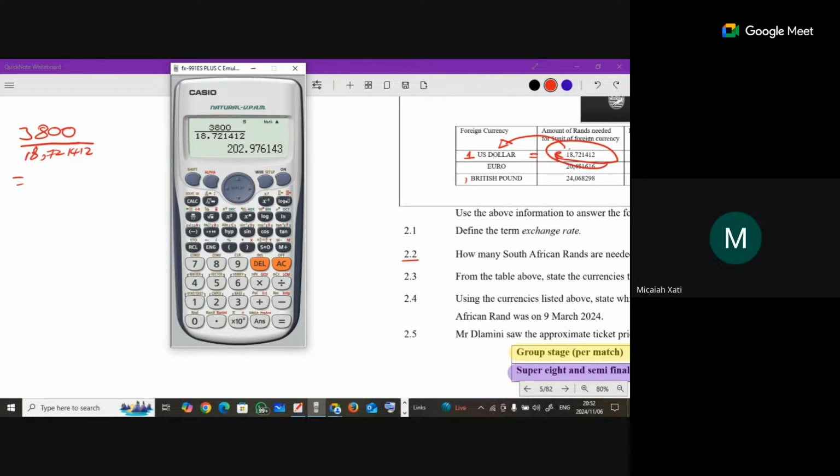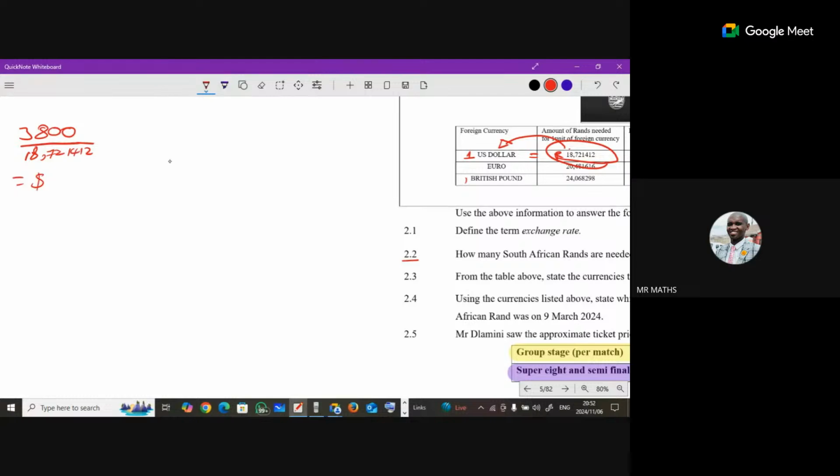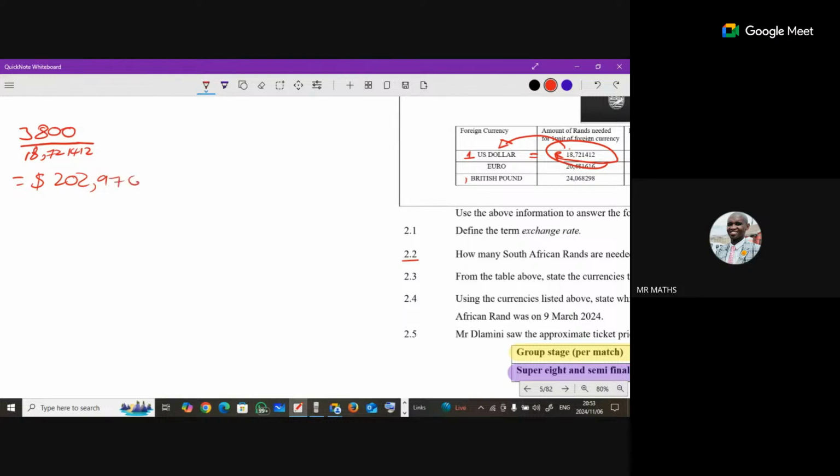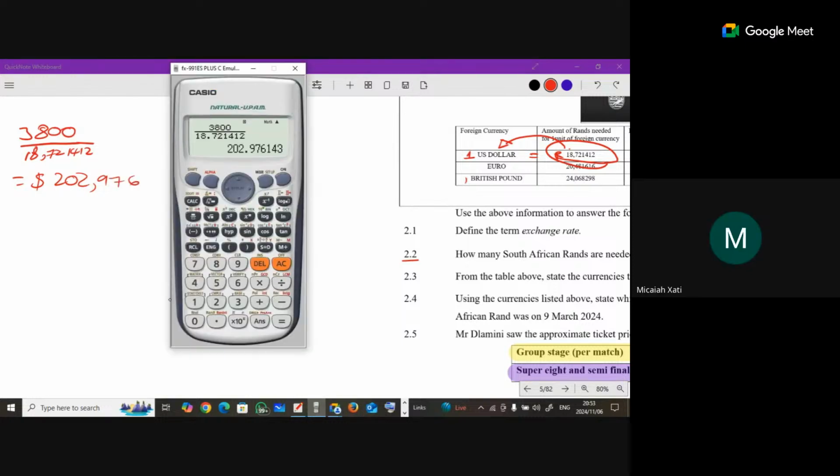So I calculate again. Okay, so you are getting 202.97.